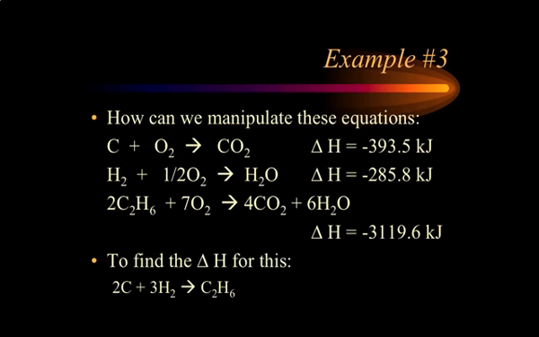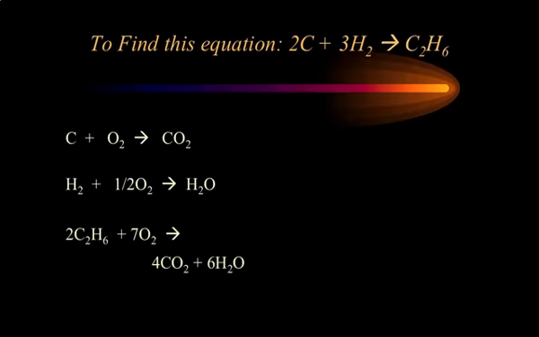But how many carbons do I have in the first equation? 1. Is that carbon on the correct side? Yeah, it is. So I do not need to flip it, but I do need to multiply that entire thing by 2. So I'm going to multiply and get 2C plus 2O2 goes to 2CO2. We're going to worry about the enthalpies at the end.